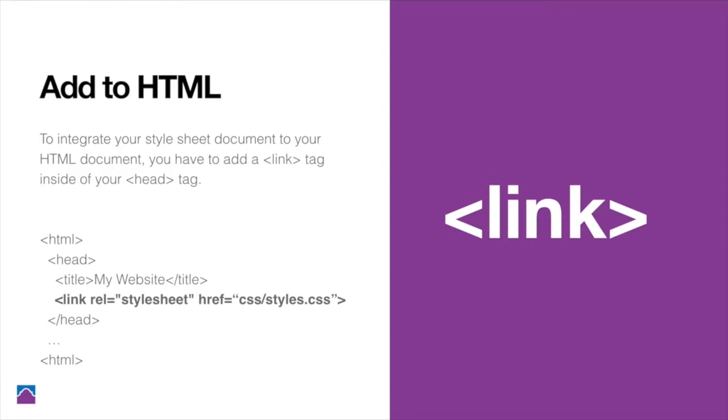You're going to state it's a style sheet, and then you're going to link it by that href attribute. You're going to say where it's at. So if we created a folder called CSS, and then the file name is style.css, that's how you would structure it.